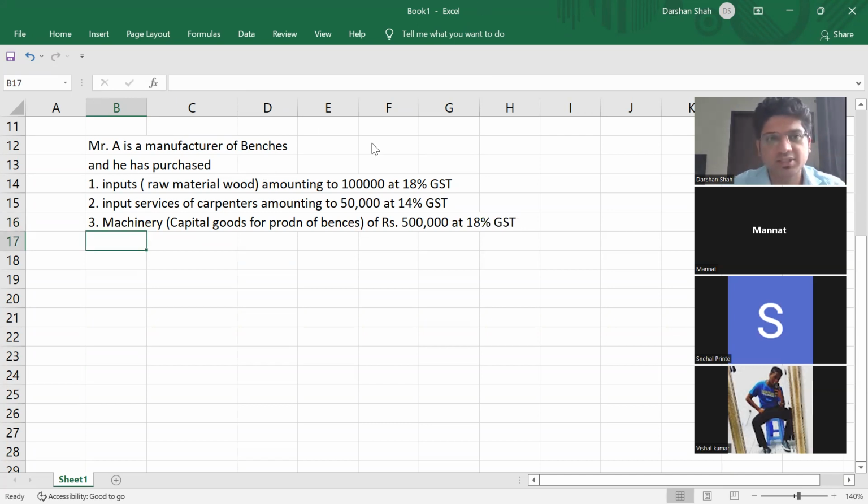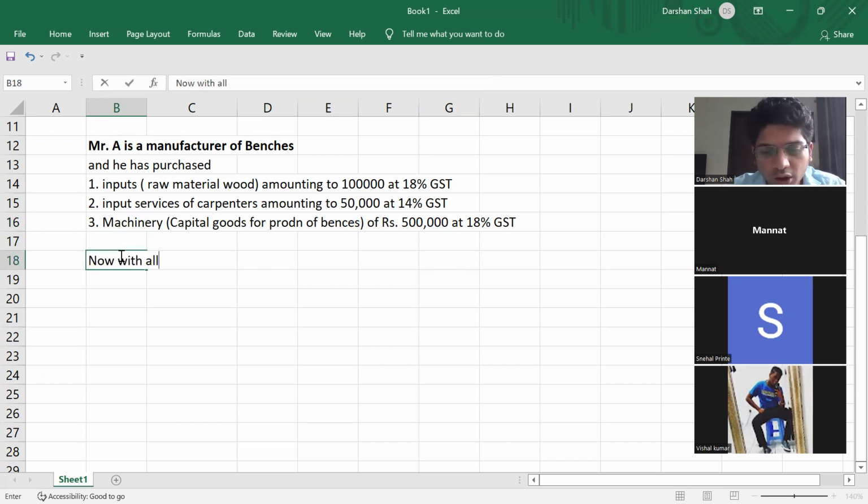So these are the purchases that Mr. A has made. He has purchased inputs, he has taken input services, and he has also purchased capital goods, and he has paid GST on all of them, correct?